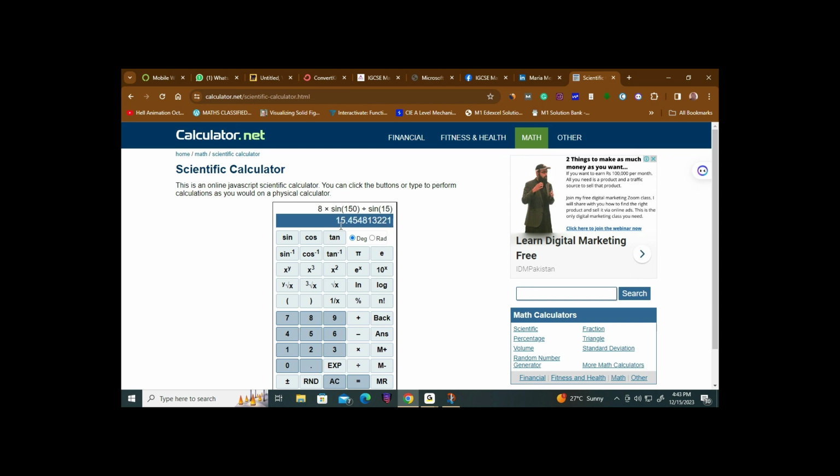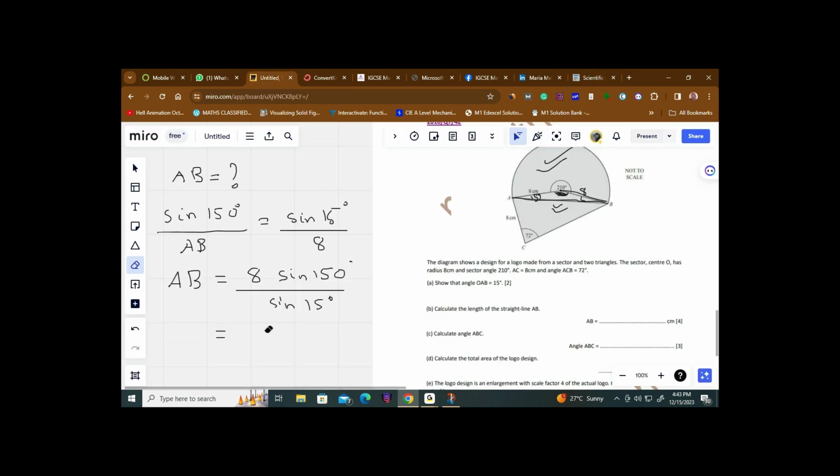And it's 15.454, and you can round it. You can write 15.5. That's a good representation. What should be the unit? The unit is centimeters, so write centimeters. And you write your answer here, 15.5 centimeters.